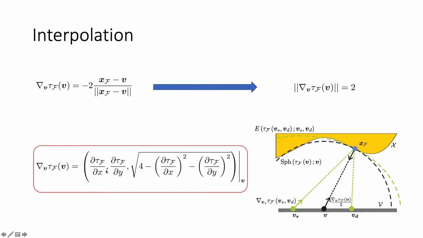Given a Fermat path length tau v at point V, we can estimate its partial derivatives with respect to x and y by locally interpolating Fermat path lengths from transients measured at nearby points on the plane. We can then infer the derivative with respect to V by noting the top equation implies that the norm of the gradient of tau V equals 2.